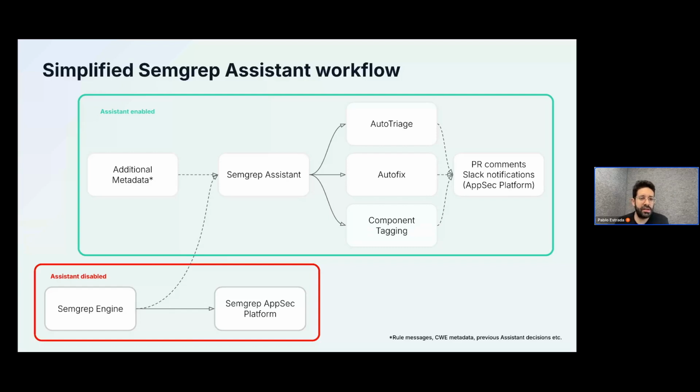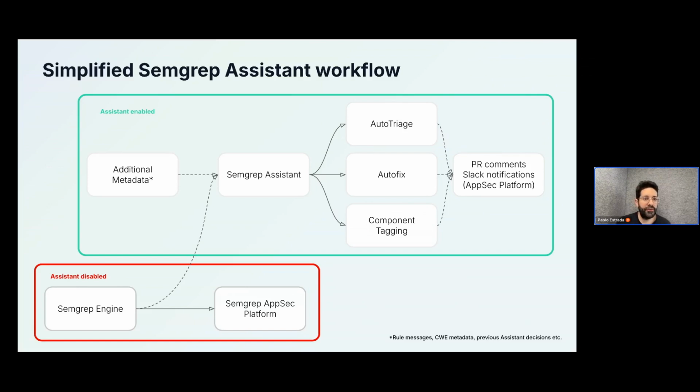And what are the things that are actually involved in that workflow. You'll see there additional metadata on the left of the top box refers to rule messages. These are messages that are part of metadata in Semgrep rules, and then other metadata, previous decisions made by Semgrep Assistant, and that feeds into, along with the output of the Semgrep engine itself, Semgrep Assistant and works in terms of triaging, fixing, component tagging, or contextualization, and then gets exposed to different people, different teams in various ways.